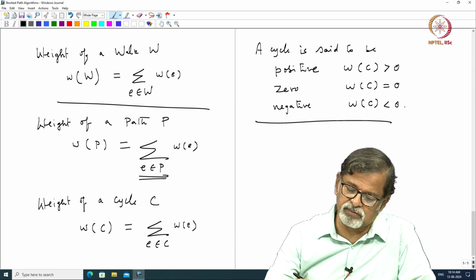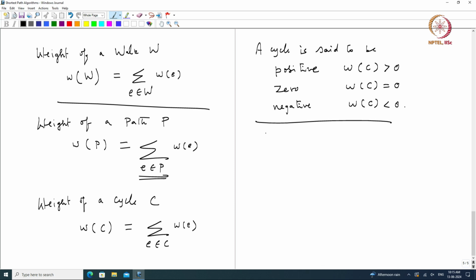So we now define shortest path weight. Delta UV.